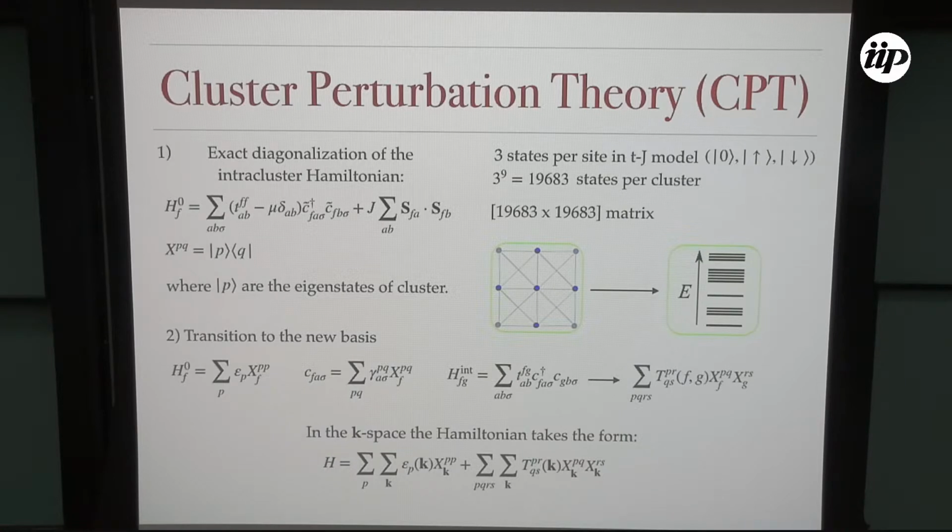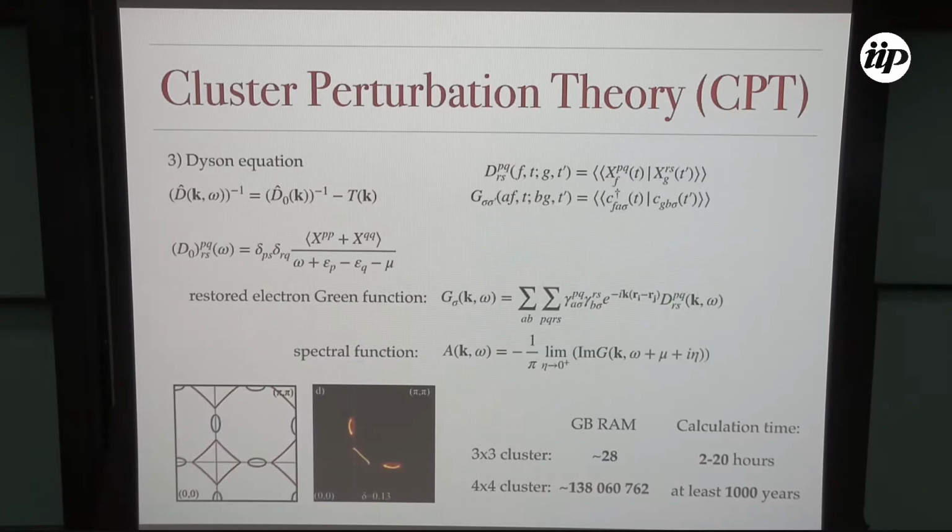The following step is the transition to this new basis in which the intracluster part becomes diagonal, and the intercluster part we should transform to this new basis. As a result, we get the Hamiltonian. Write it here.